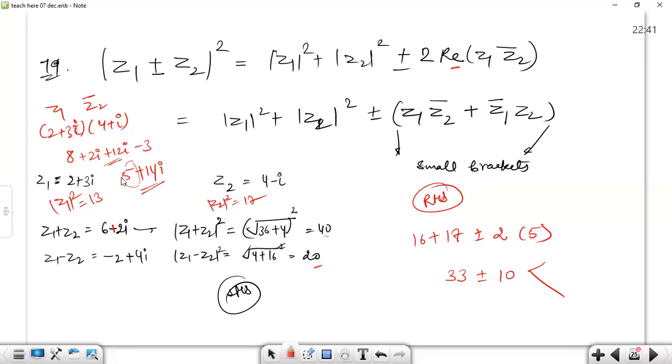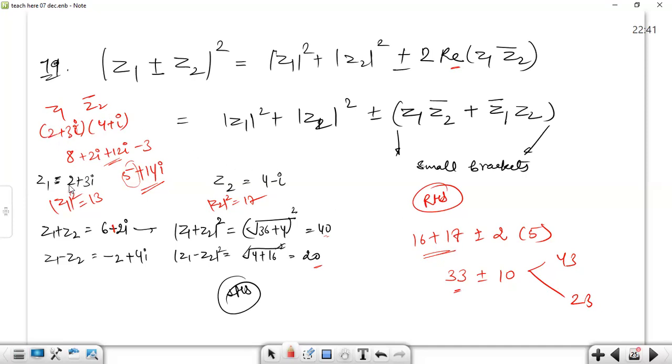The real part of this is 5, into 2. 16 plus 17 becomes 33. That's right, I guess. So 43, 23 should be the answer, but it's not the case. I think we are missing something.